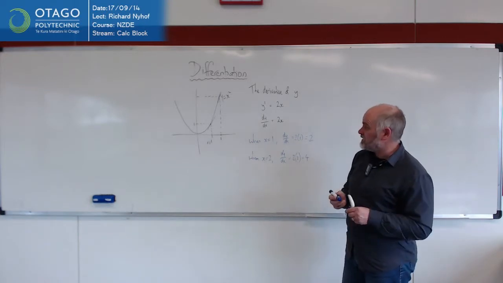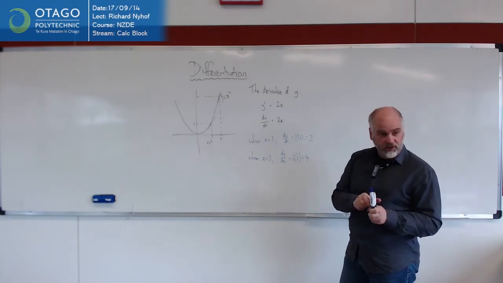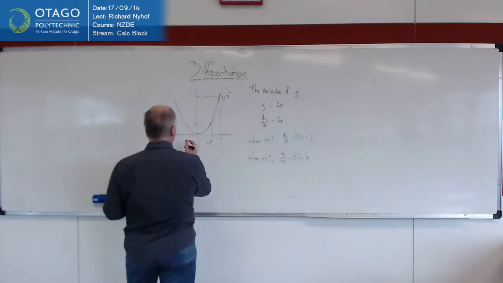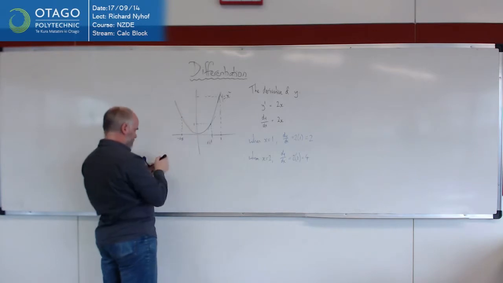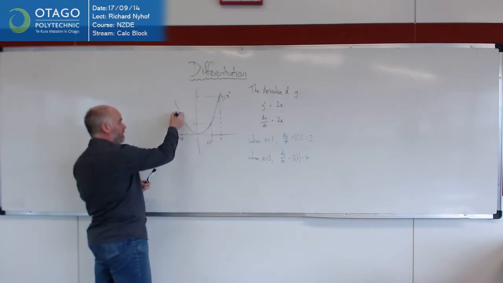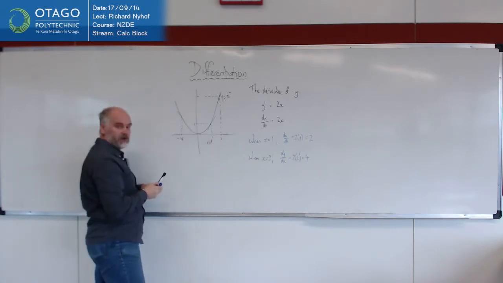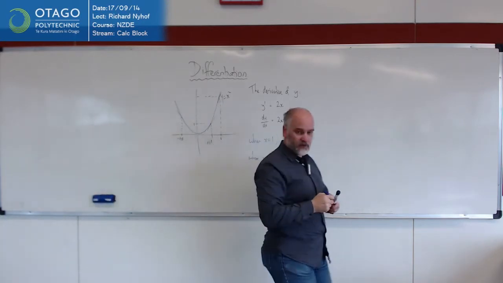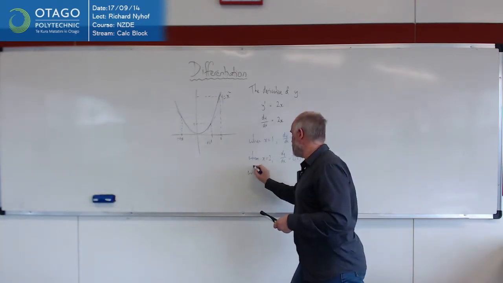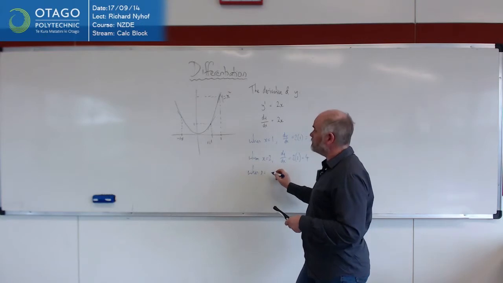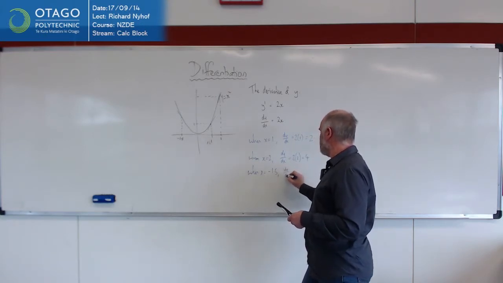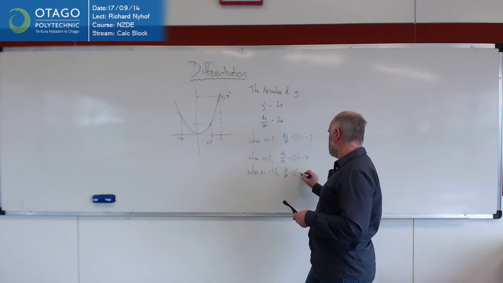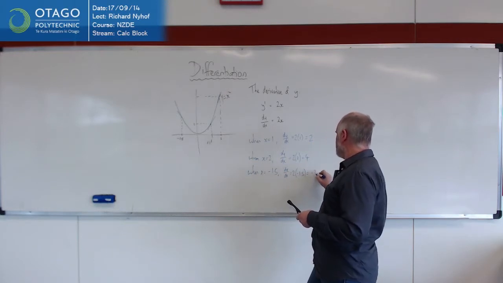And this technique is even smart enough to get the ones that are going downhill. So if we look on this side, let's take x as being negative 1.5, and we say, what's the slope at that point? Well, clearly it's a negative slope. So when x equals negative 1.5, dy by dx is 2 lots of negative 1.5, which is negative 3.